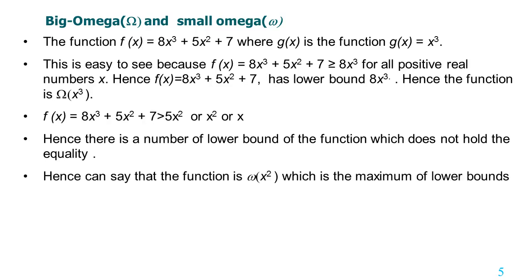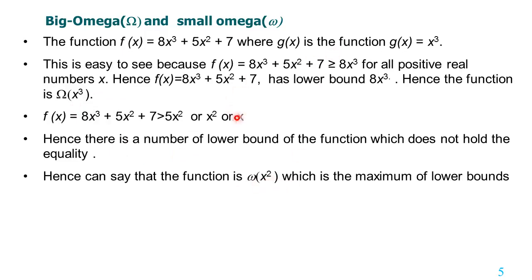Now the difference between big omega and small omega is that in big omega the equality sign holds, but in small omega no equality sign holds. So we can say that the function f(x) is of the order of small omega(x square). Why small omega x square?